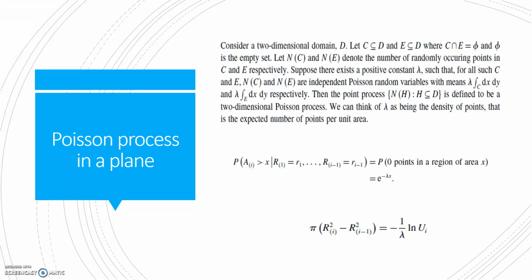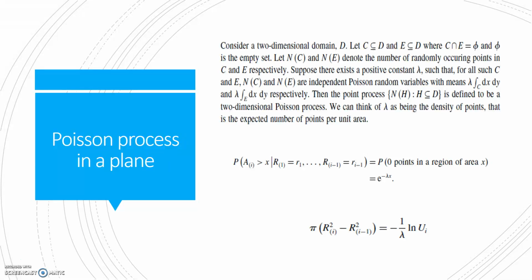The formula below says that the probability of 0 points in a region of area X is e raised to negative lambda times X.